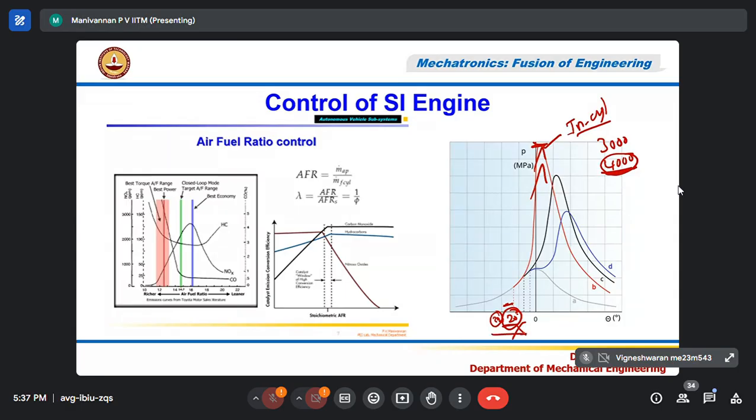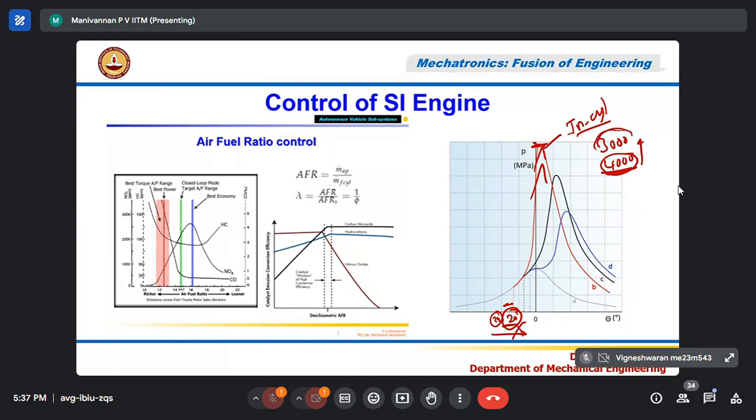Suppose the engine was running at 4,000. Now again, because the automobile engine is not a constant speed engine. It is a variable speed engine. You are going to change your vehicle speed from 0 RPM to 10,000 or maximum speed, depending on single cylinder or multi-cylinder, maybe 5,000 or 10,000. So if from 4,000 RPM the speed is coming down to 3,000, what do you have to do? Your ECU measures engine speed.